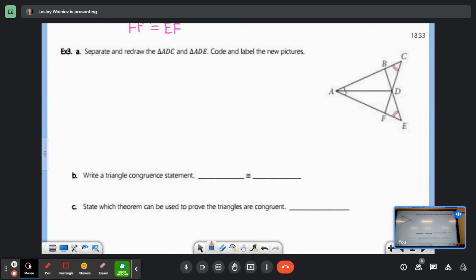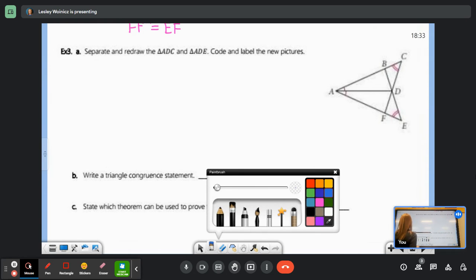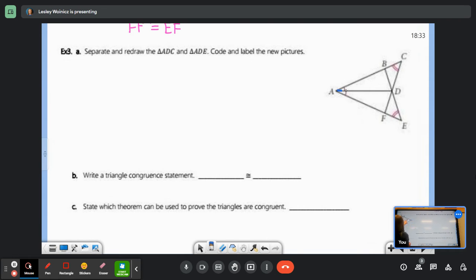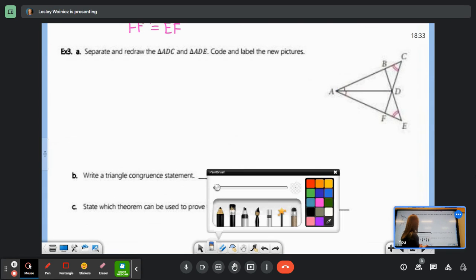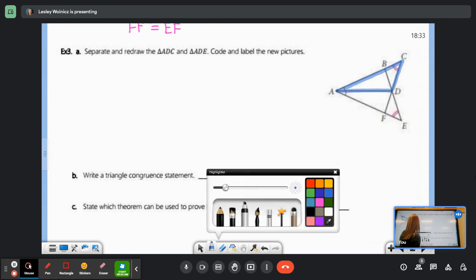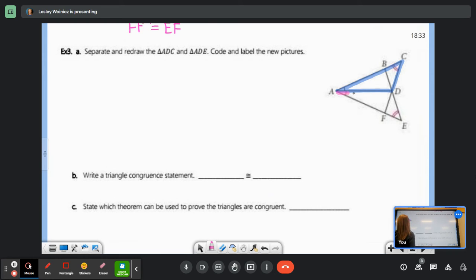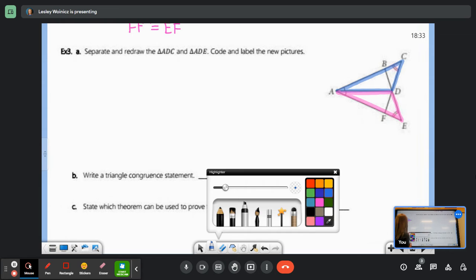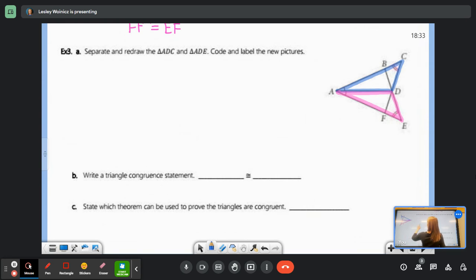Okay, we get to separate and redraw again. We want triangle ADC and triangle ADE. So we'll separate and redraw those. Oh, that was terrible.